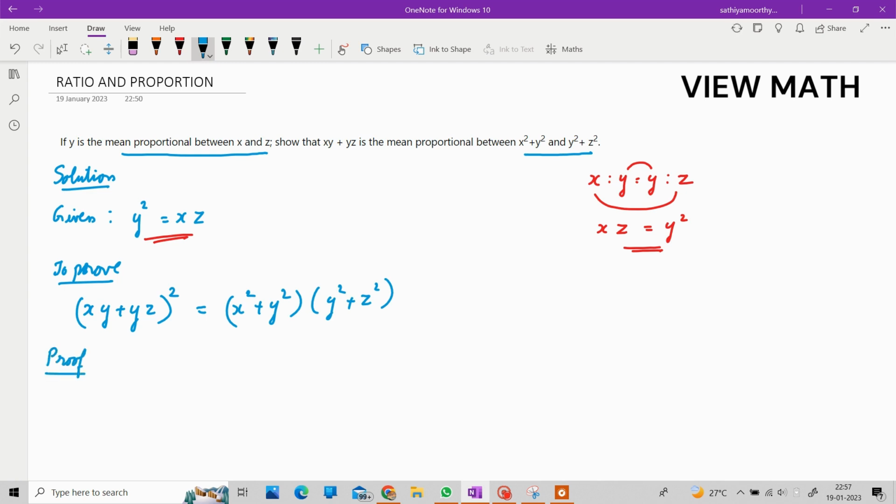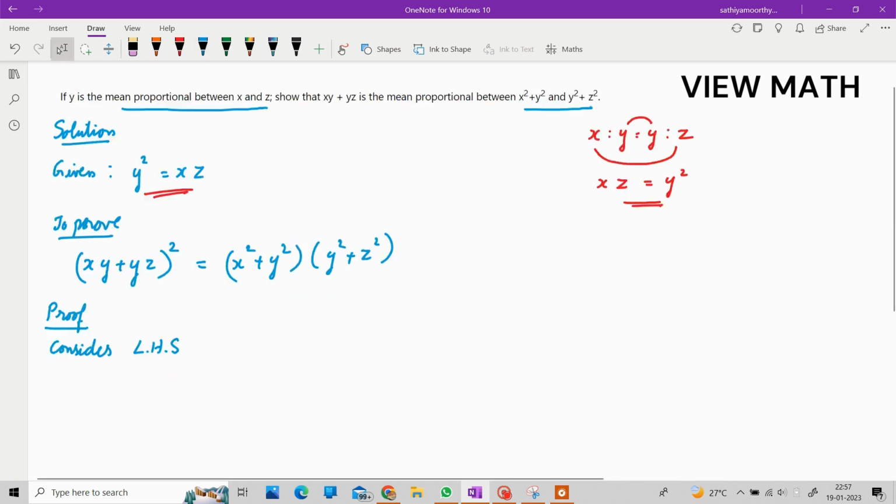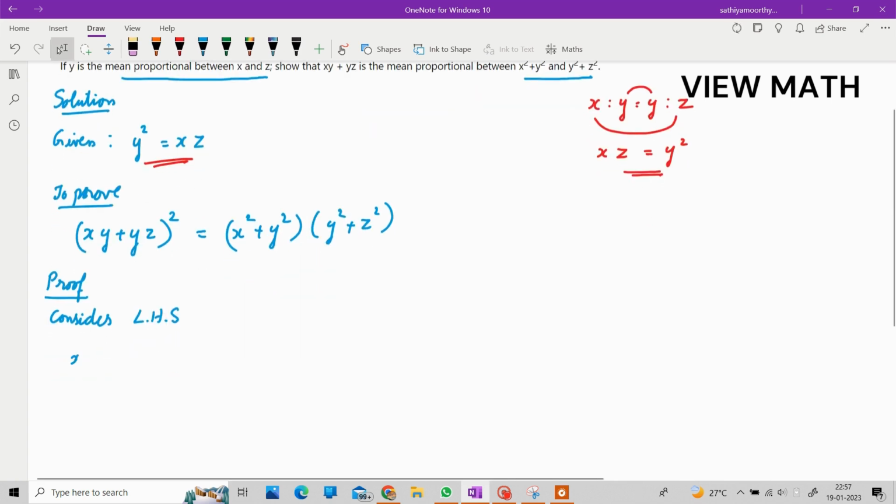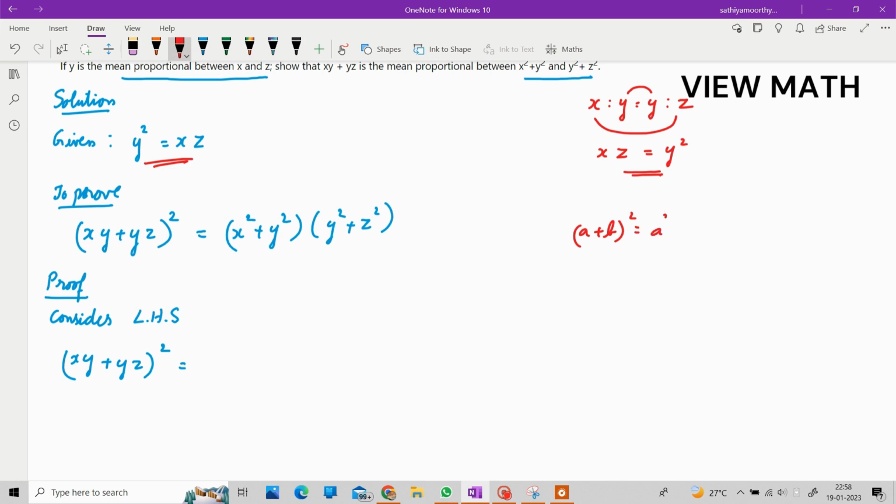So I'm going to consider the left hand side: xy plus yz the whole square. I'm going to expand this using the formula a plus b the whole square is equal to a square plus b square plus 2ab.